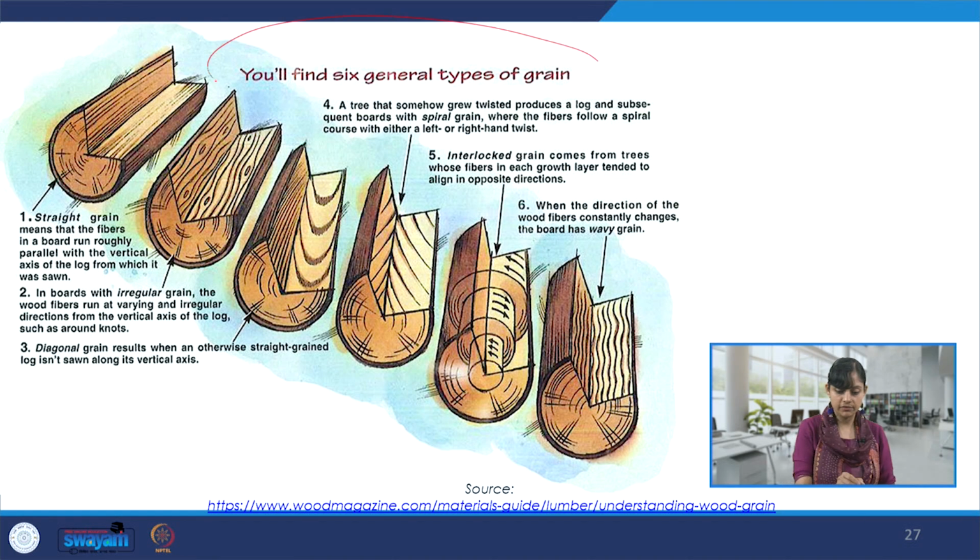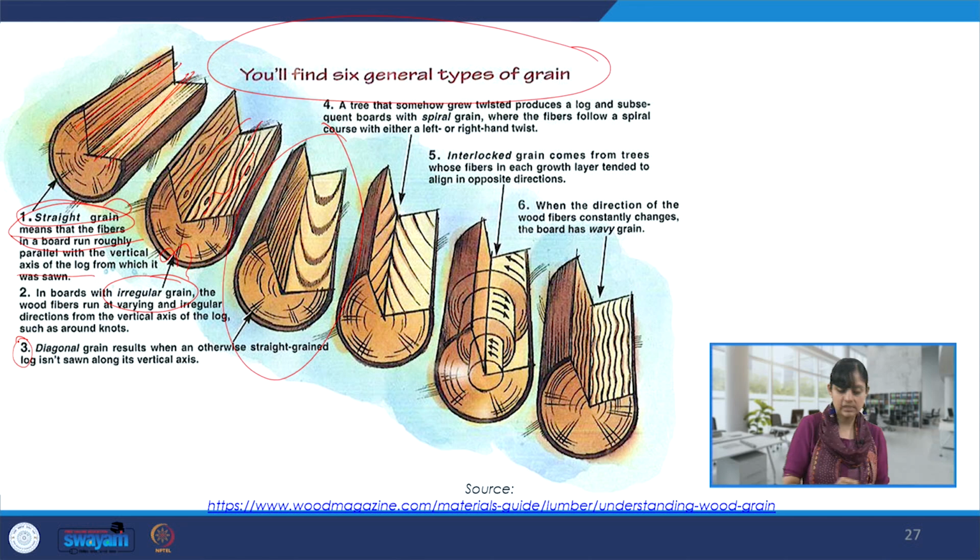So we have different kinds of grains if you look at the anatomy again. The straight and very pronounced grain in this case that you see over here means that the fibers in the board run roughly parallel with the vertical axis of the log. That is one case. Here in this second one, you see irregular grain, very irregular, not pronounced, not straight.